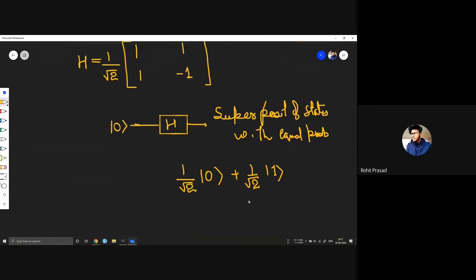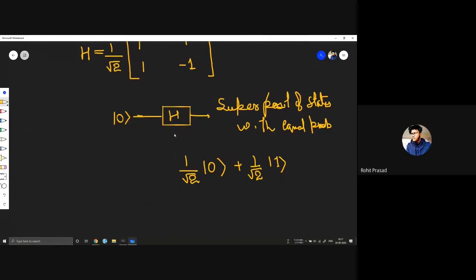Okay, so this gate is widely used for all algorithms because it makes the state from 0 equally probable for all the states. So if you want a specific state to emerge at the output, you want all the states to start with the same probability.